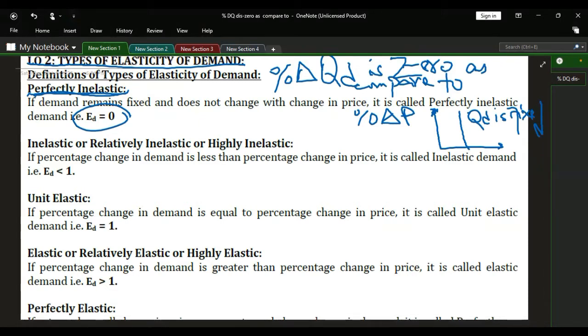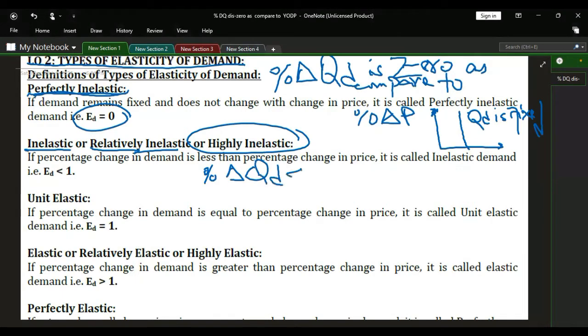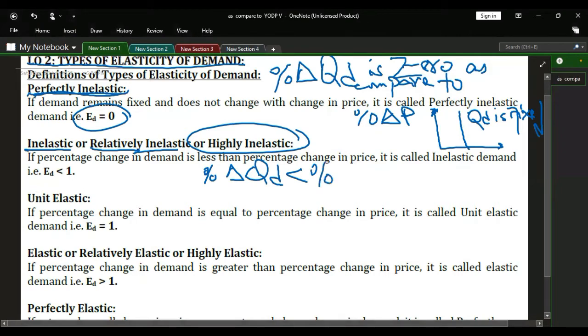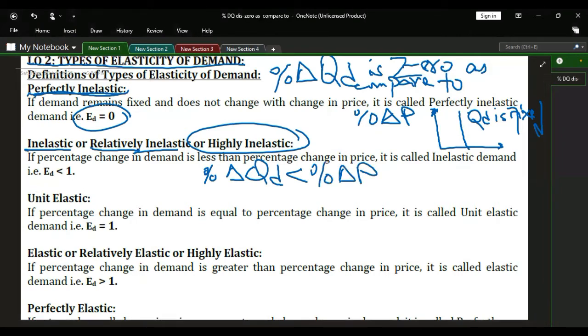Next is inelastic or relatively inelastic or highly inelastic. It means that the percentage change in quantity demanded is less than the percentage change in price, means there is a higher increase in the price as compared to quantity.